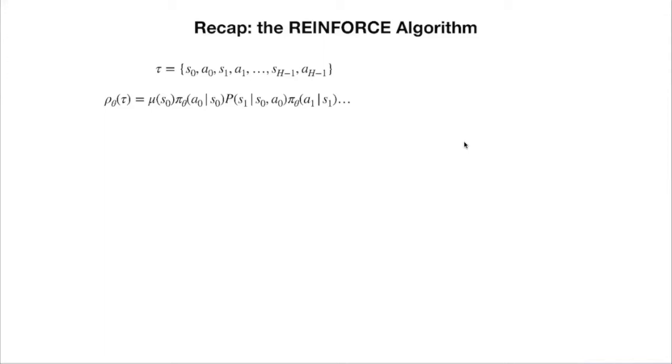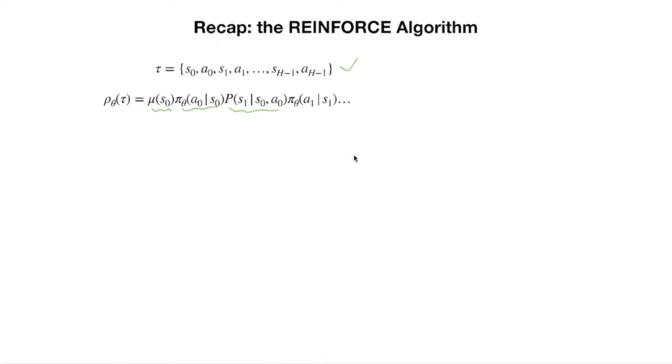So this is a finite horizon trajectory, and I can write out the likelihood of a trajectory by just using the Markovian property: the likelihood of sampling S0, the likelihood of sampling the first action conditioned on the first state, and the likelihood of transitioning to the next state S1, and so on and so forth. I can write out this likelihood as a product of these many terms.